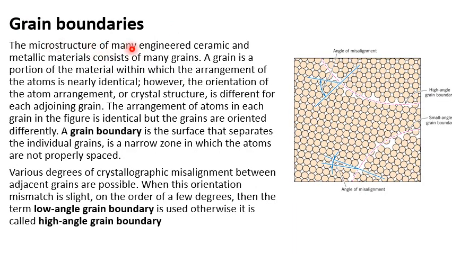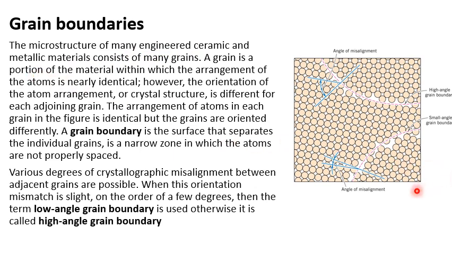Grain boundaries are the second and the most important kind of interfacial defects. Actually, they occur in almost all solids, ceramics and metallic materials.